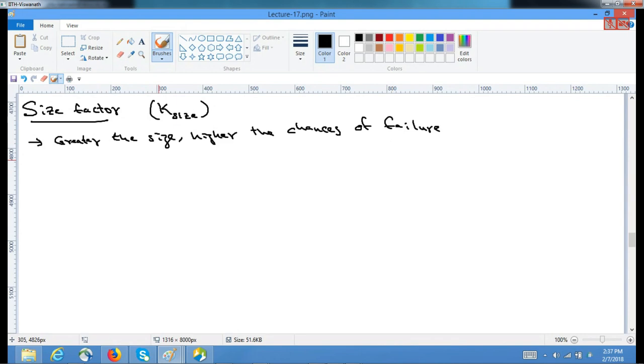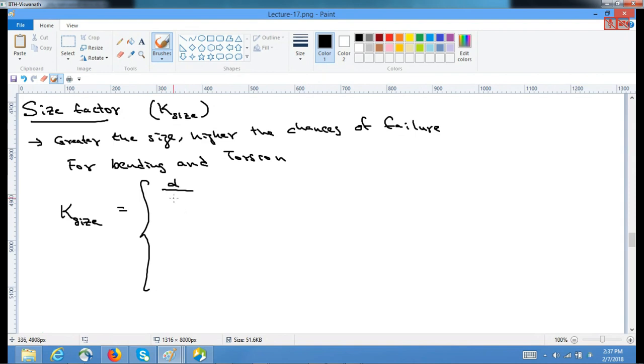So in case of bending and torsion, the size factor is taken as d divided by 0.3 to the power of minus 0.107.